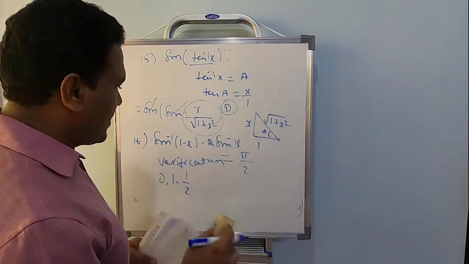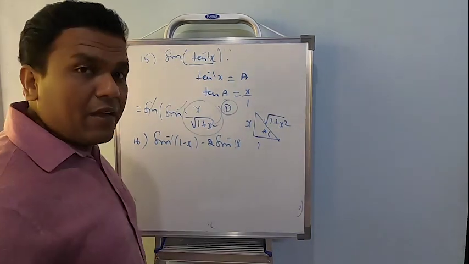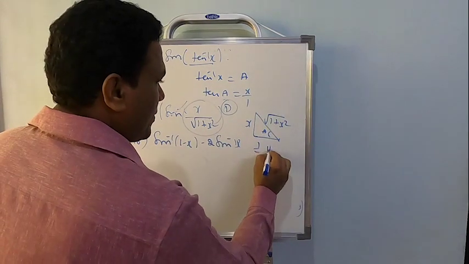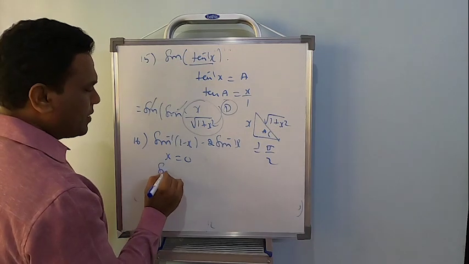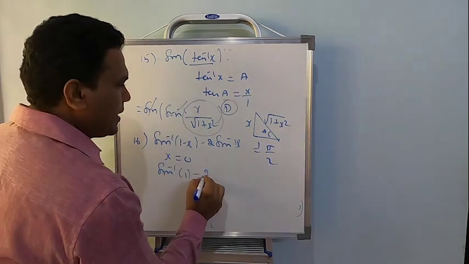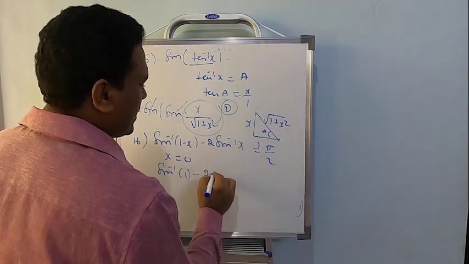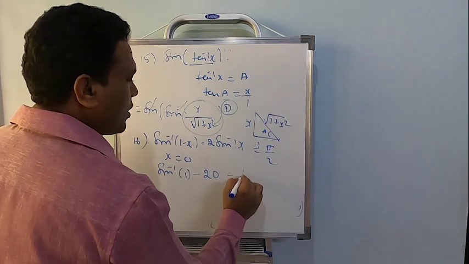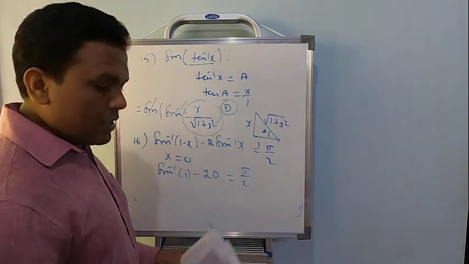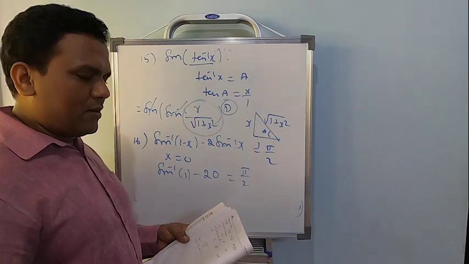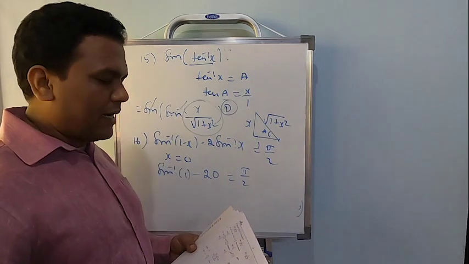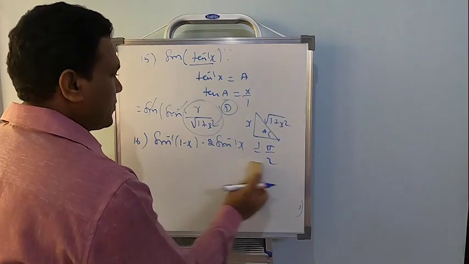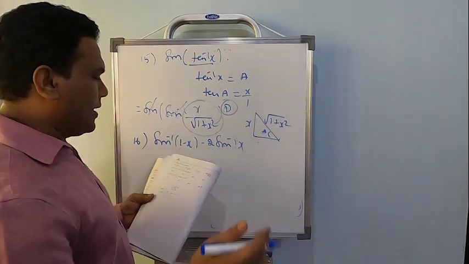Suppose I put x equal to 0, what will happen? Let's see. If I put x equal to 0, I should get pi by 2. When I put x equal to 0, this will be sine inverse 1 minus 2 sine inverse 0. Sine inverse 0 will be 0. Surely I am going to get pi by 2. So excluding 0, the remaining options, that means option B and option D, will be eliminated. Right. Now let us check one more value, that is 1 by 2.